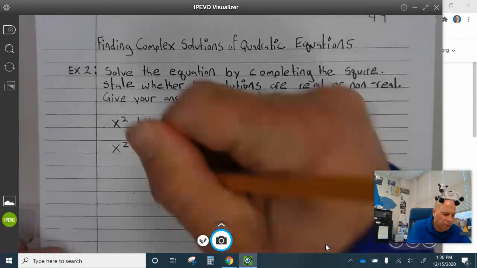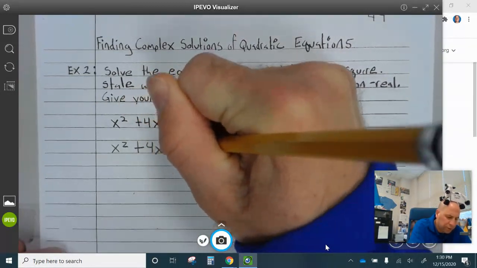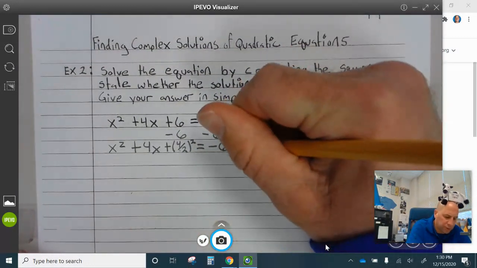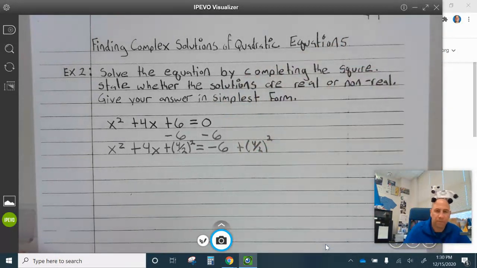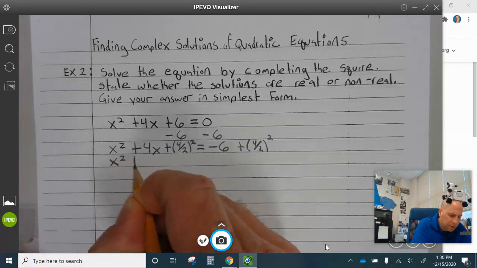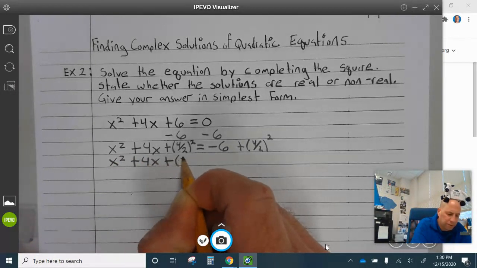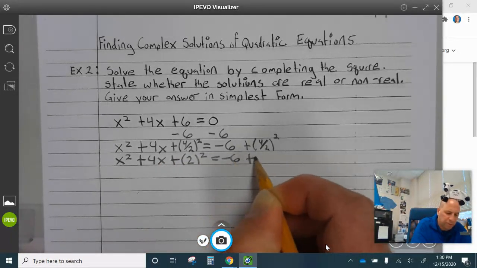Now to complete the square, we're going to add 4 divided by 2 squared. But what you do to one side, you have to do to the other. So plus 4 divided by 2 squared.